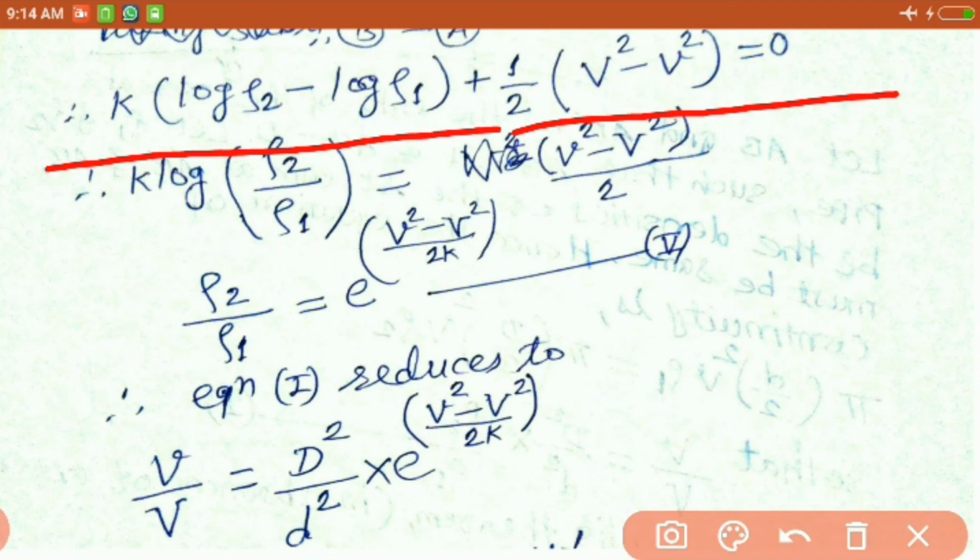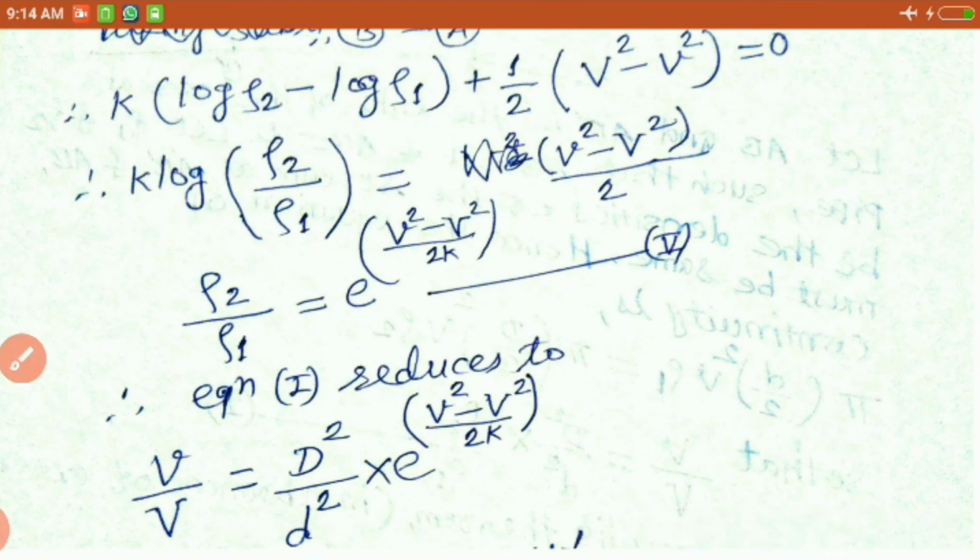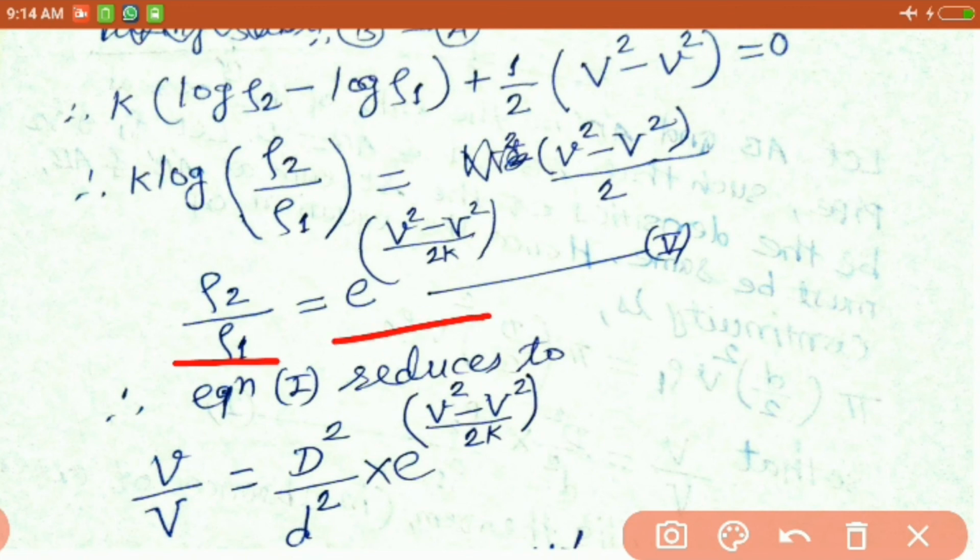By the rules of log, log rho 2 minus log rho 1 is log rho 2 by rho 1, and k is as it is here. This is equal to 1 by 2 small v square minus capital V square. So we get rho 2 by rho 1 is equal to e to the power this.